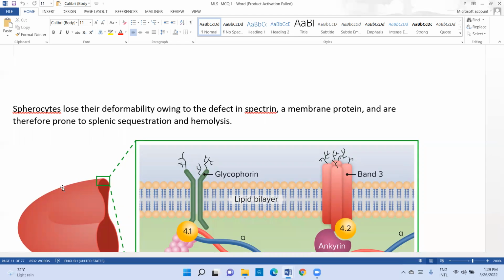Spherocytes are round red cells. They are round in shape. Normally, a red cell is a flat biconcave shape. So spherocytes are like a tennis ball.